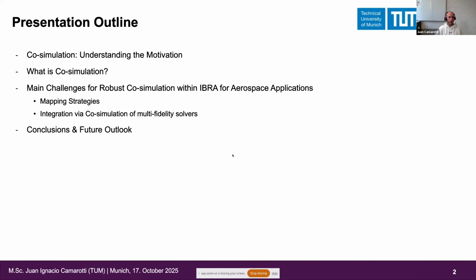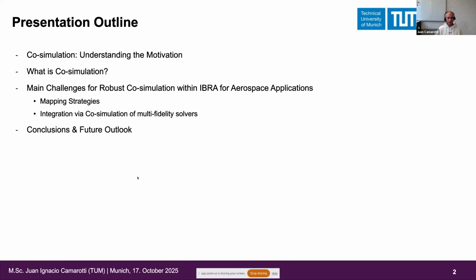So talking about the outline of the current presentation, we will first cover the topic of co-simulation in order to understand the motivation behind this, and also the main concept behind this idea. Then we will shift our attention to the main challenges for the robust co-simulation of aerospace structures using isochromatic VREP analysis.